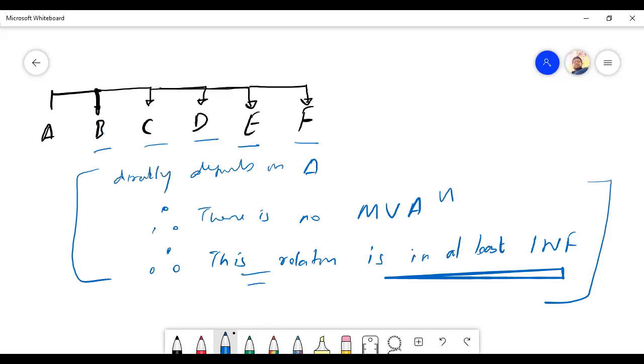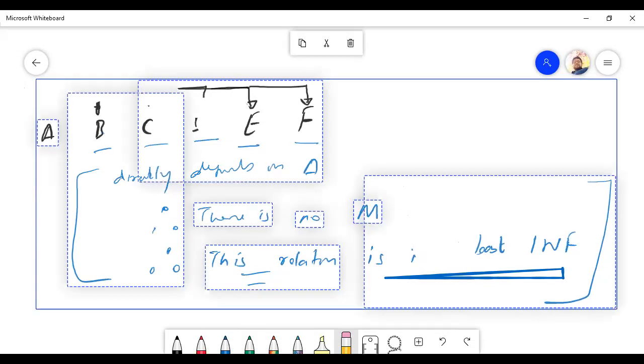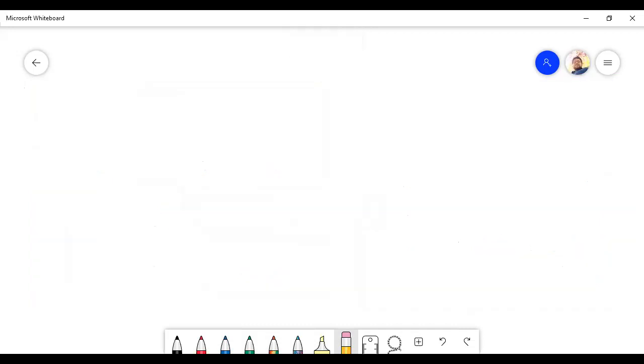Okay. So there's another, slightly more complicated example I am going to give you, and then you will understand. Okay, now a little bit complicated I am giving.